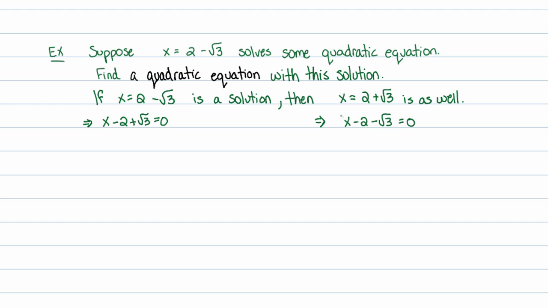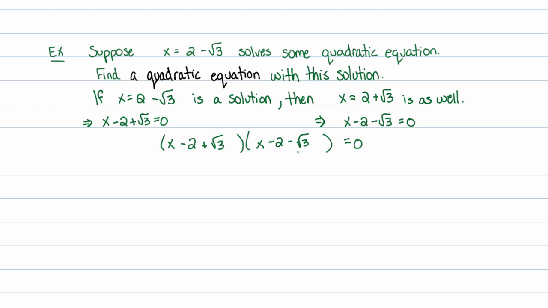Now what I'm going to do is build back the quadratic equation. So this tells me that not only is this first object 0, but this second object is 0, which means that if I multiply those two objects, I will get 0. So if I multiply x minus 2 plus root 3 and x minus 2 minus root 3, that should become 0.